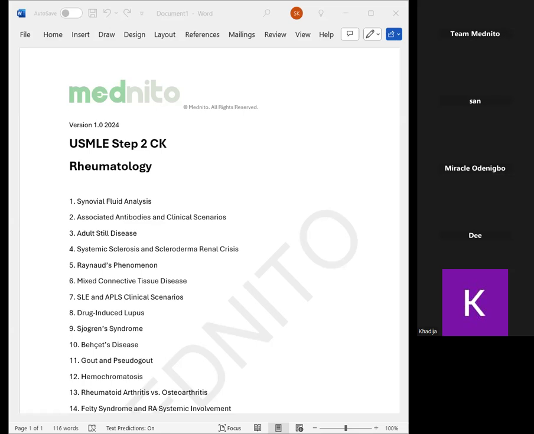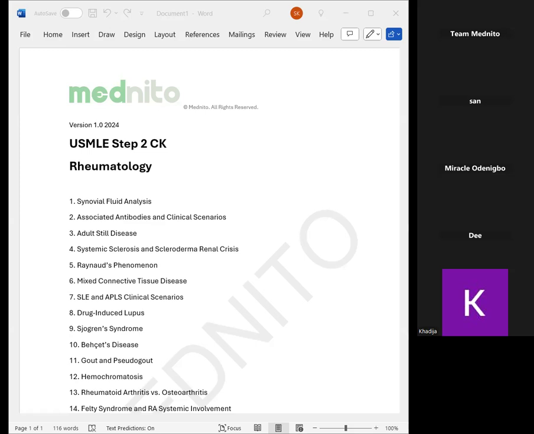Next, we talk about associated antibodies and clinical scenarios. First, the most important clinical scenario with associated antibodies is a young female patient with autoimmune conditions, presenting with thrombocytopenia, skin rash, rash on the face. That is SLE until otherwise proven. What is the confirmatory antibody?